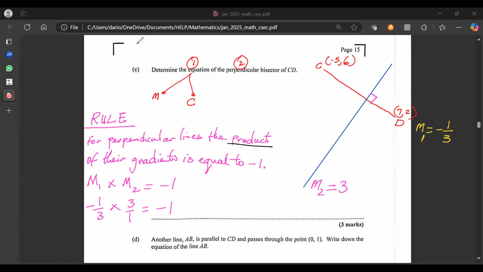And if for CD I said the gradient M was equal to -1/3, then the gradient of the perpendicular line, when we multiply them, we must get -1. Therefore, -1/3 times what will give me -1? So what is the gradient of the next line, Kimora?